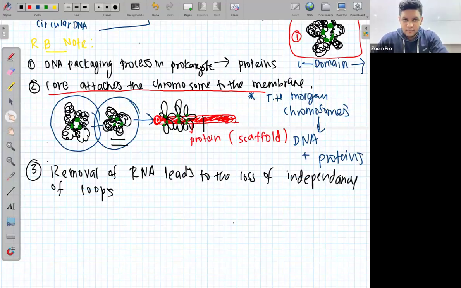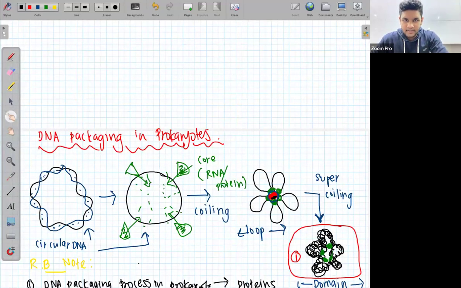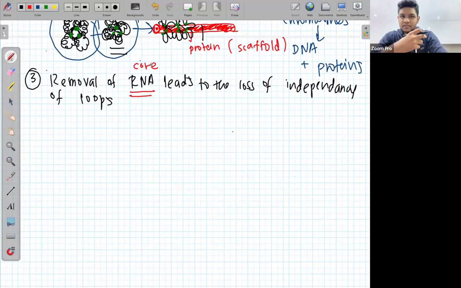They are saying removal of RNA, but instead of RNA, we can think of core. Removal of core leads to the loss of independence of loops. Independence means the unique shape obtained after the coiling process can be lost if the core is removed.